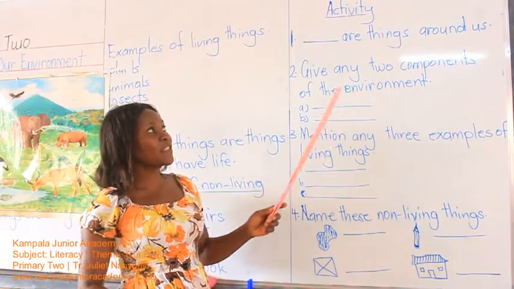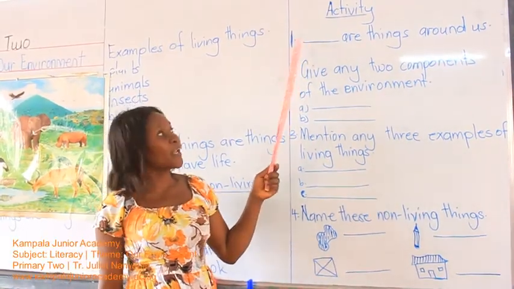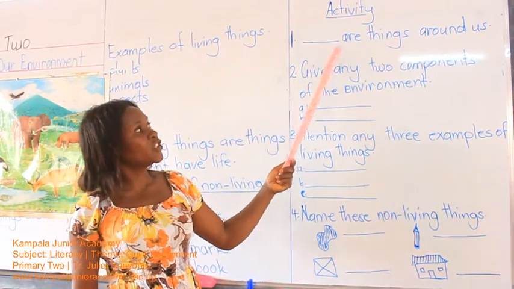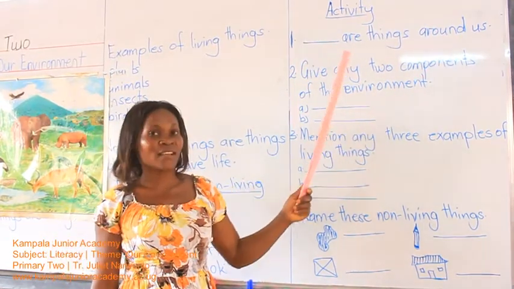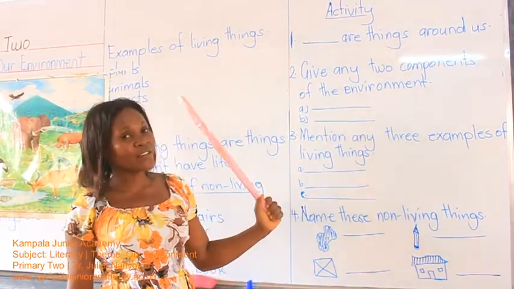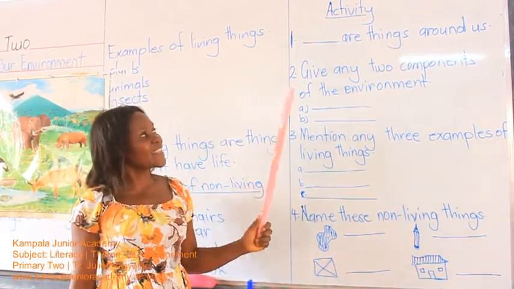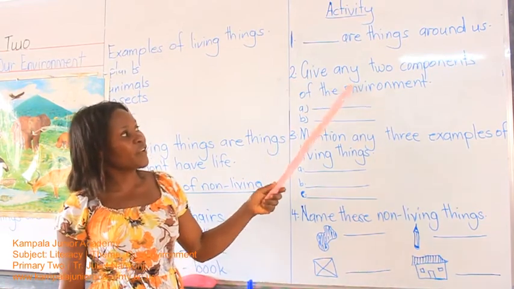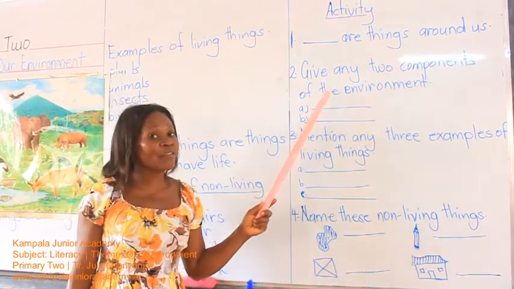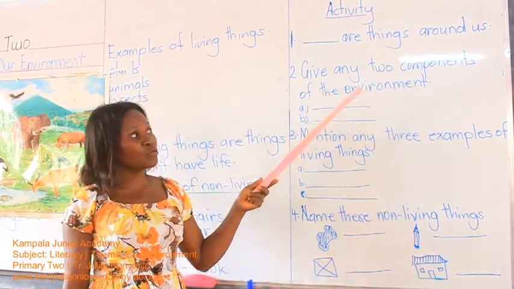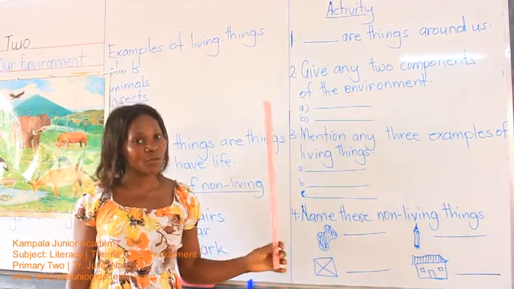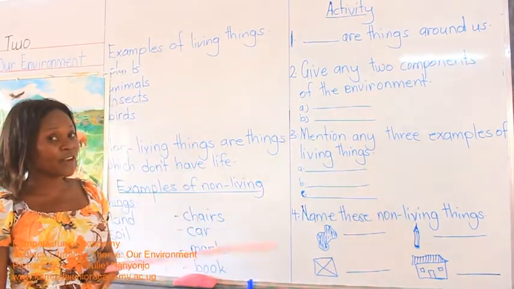Now for our activity, let's read number 1. Dash are things around us. I hope you can now recall what we have just learned about. Then you put the answer. Number 2. Give any 2 components of the environment. Remember the main 2 components of the environment.